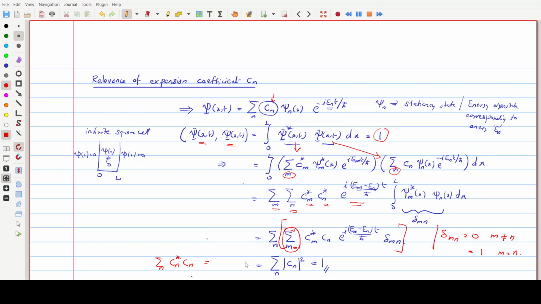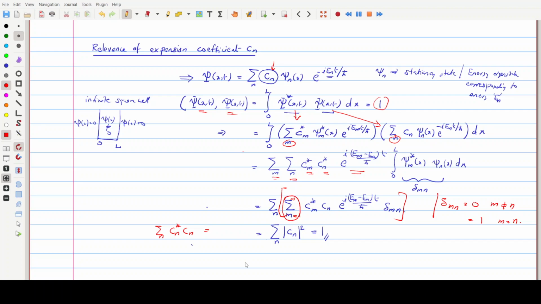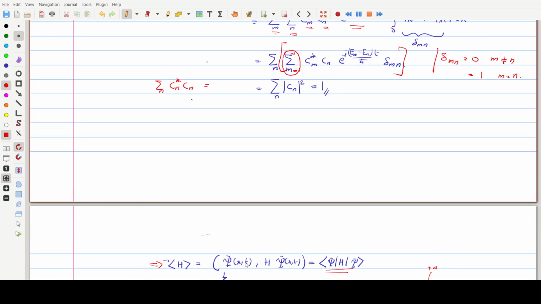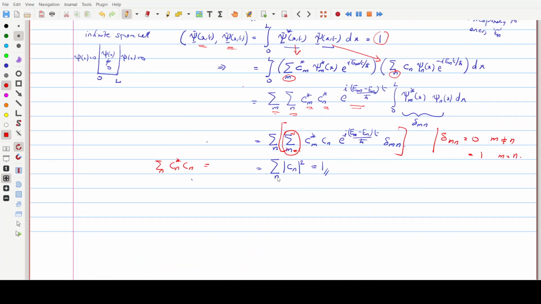In case of any expansion of a wave function, the Cn gives the probability to collapse the state of the system to one of the eigenstates. So mod Cn square is the probability to collapse the state into the state psi n, or the probability to get the energy eigenvalue En. And the sum of all those probabilities must be 1. That is what we have seen here: the sum over n of mod Cn square equals 1.